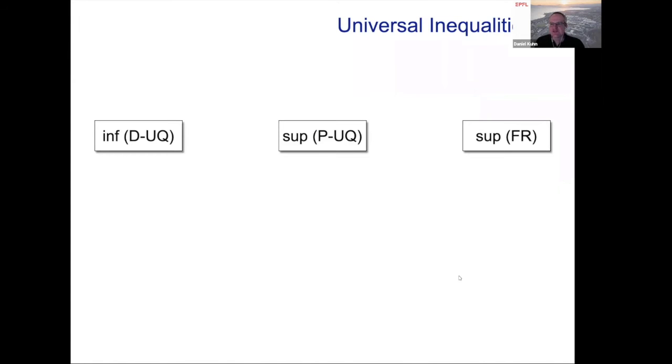So here's a visualization of the three optimization problems of interest. The primal uncertainty quantification problem in the middle is the problem we actually want to solve. In distributionally robust optimization, we actually wish to minimize the optimal value of this problem with respect to some decision variables x.